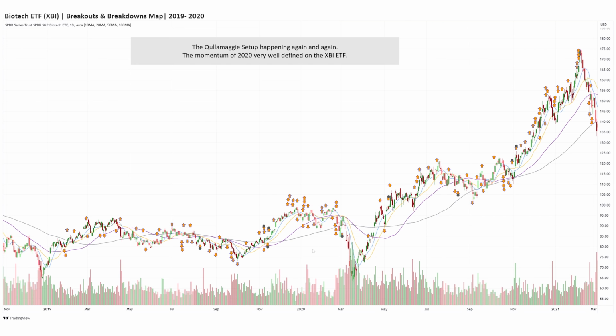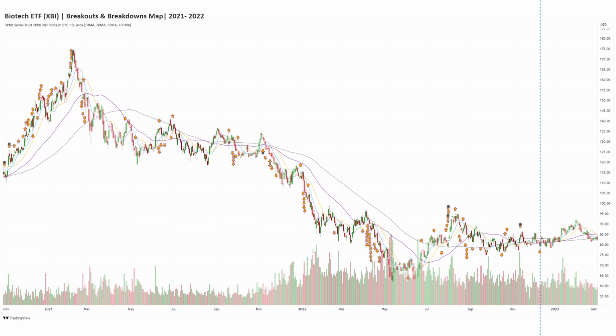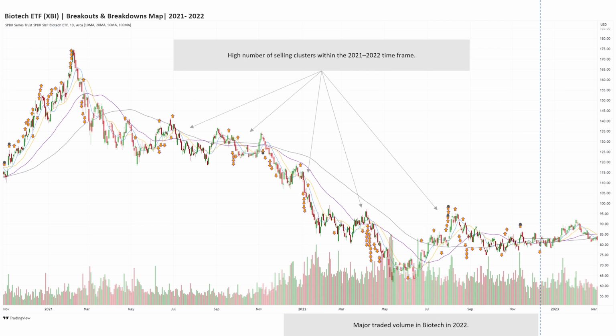So interesting to see. Then here's the last part, 2021 and 2022 map on the biotech ETF. I let you review in details. Here are my comments. High number of selling clusters within the 2021-2022 timeframe. On this map in particular, you can see the major sell-off that happened in 2022.